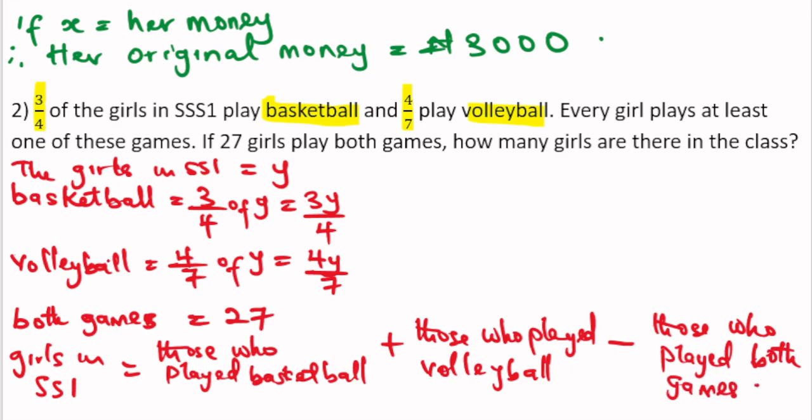So explaining this expression I have here, it's saying girls in SS1 is equal to those that played basketball plus those that played volleyball minus those that played both games.